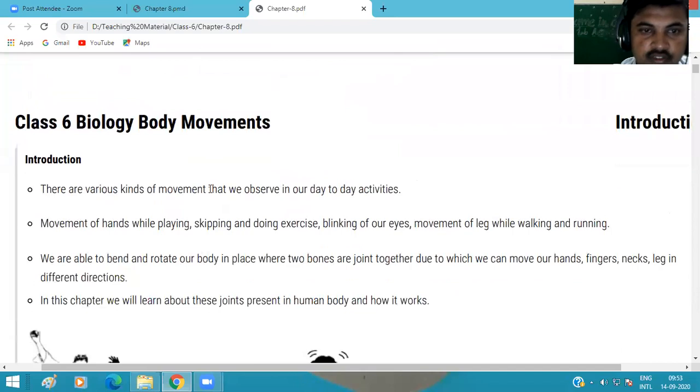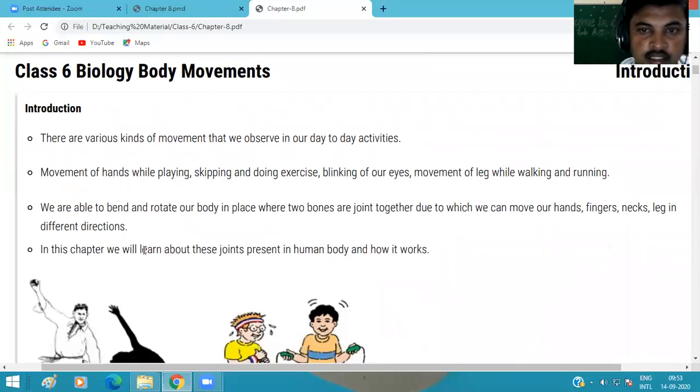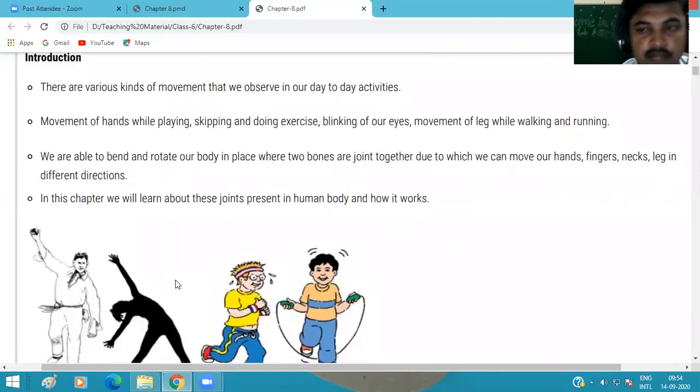First one, the introduction, where we discussed that in our body, day to day, we see different types of motion or movement when we are jumping, running, exercising, playing. Our different body parts move only because of the joints, where two or more bones are joined together, they form a joint.